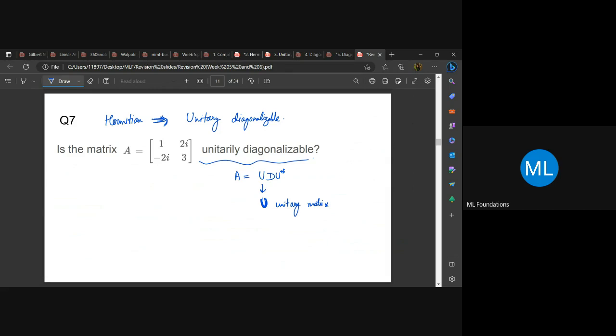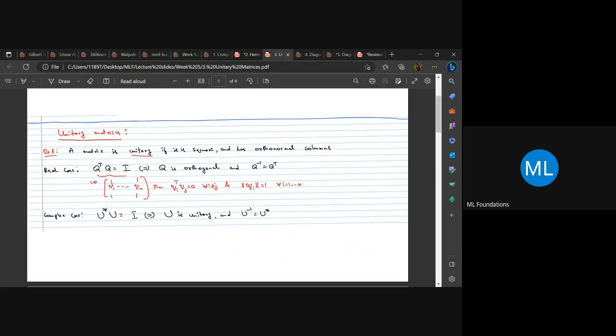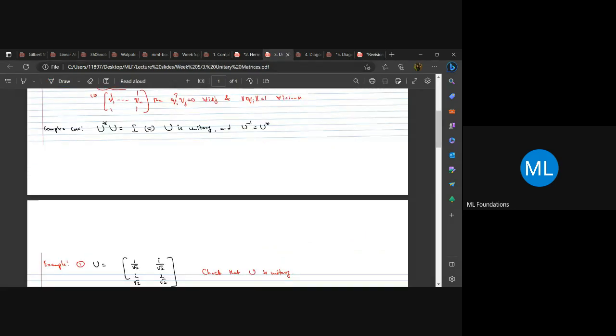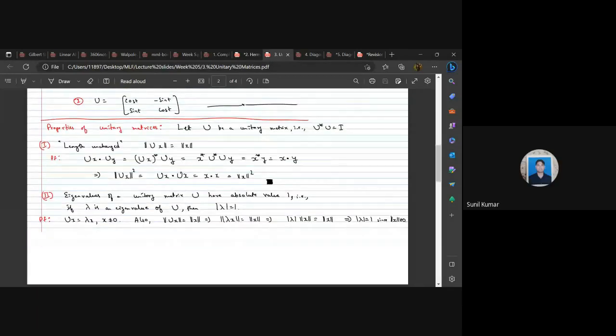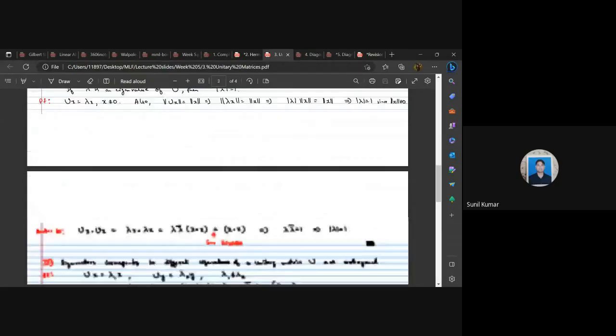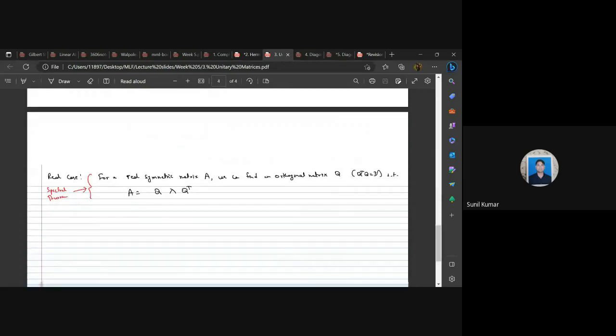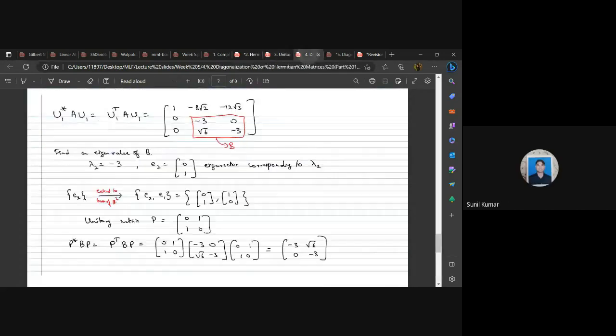One way is of course to check the eigenvalues, and if you have distinct eigenvalues, then it is diagonalizable. But we have also seen that if your matrix is Hermitian, then it is unitary diagonalizable. It is clearly mentioned in the lecture. I will show you here.